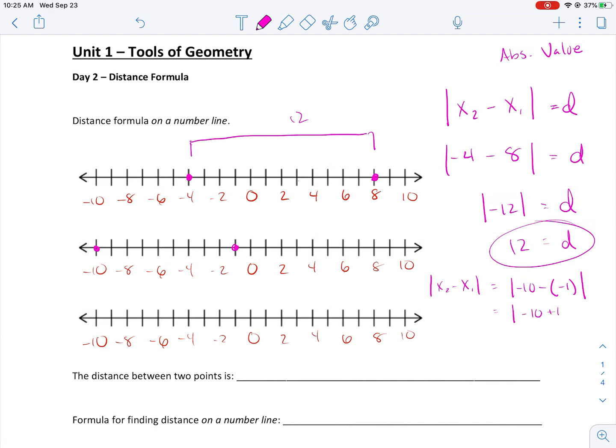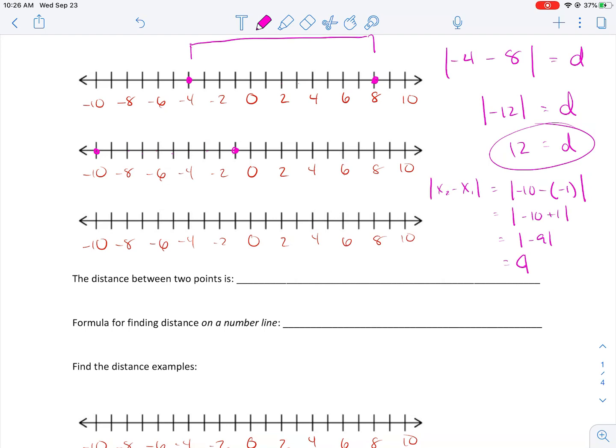So we get -10 plus 1, which is -9. Take the absolute value of -9, and you just get 9. And if you counted, 1, 2, 3, 4, 5, 6, 7, 8, 9. So the distance formula on a number line isn't all that crazy.